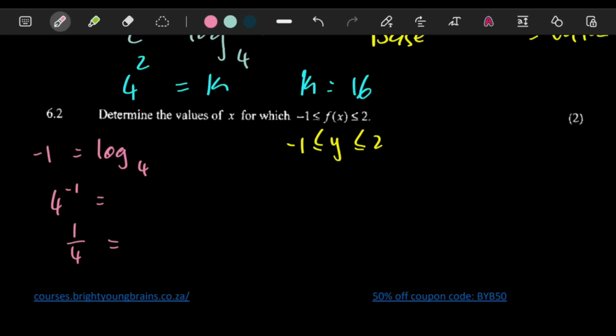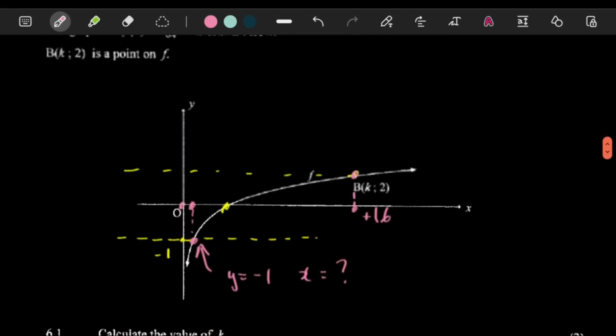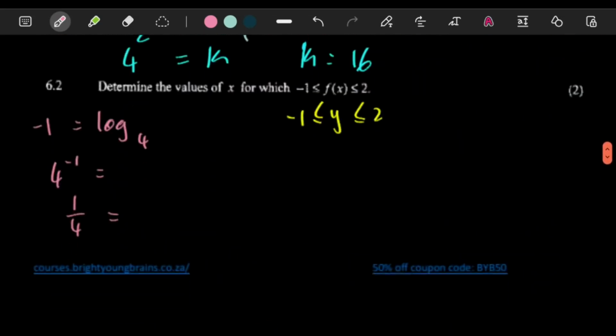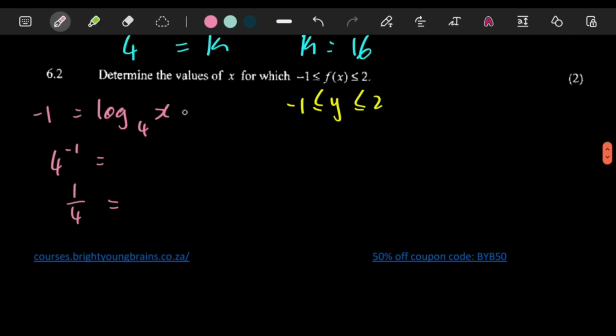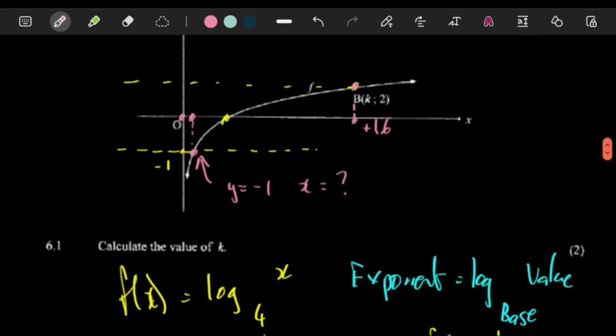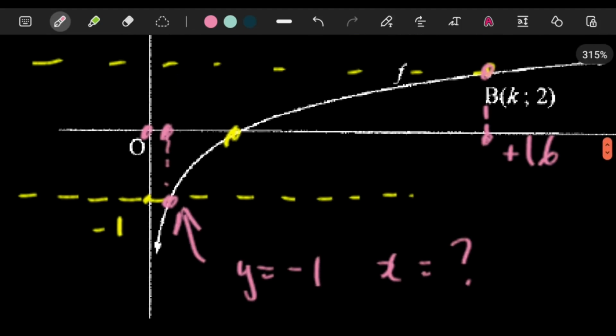No, this is x. I'm basically getting confused here. Base, exponent, this is x. So x is a quarter. So this value here is a quarter. So x is between a quarter and 16.